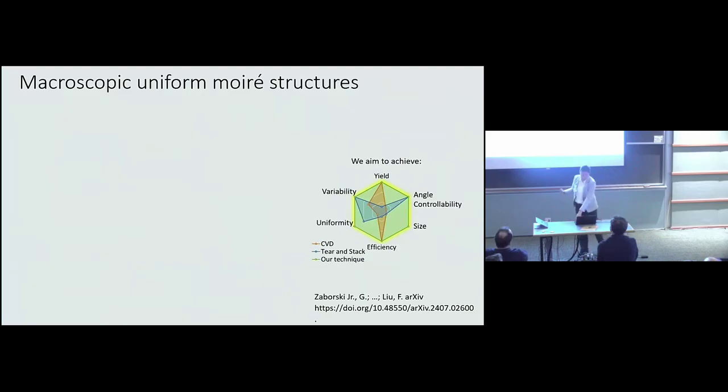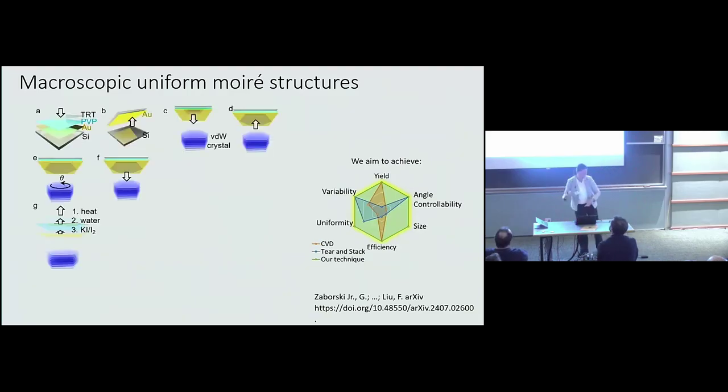So what we do here is we use a similar technique, using the surface of gold to exfoliate the monolayer from the bulk crystal. When we peel off a monolayer from the bulk crystal, that surface of the monolayer is freshly cleaved from the van der Waals interface inside the layered bulk crystal.